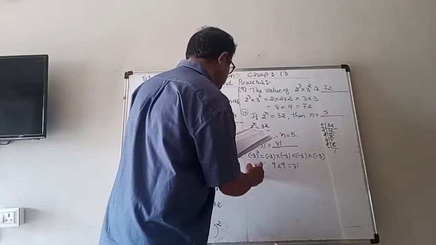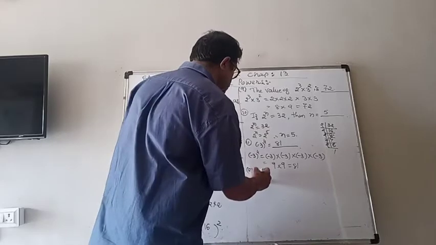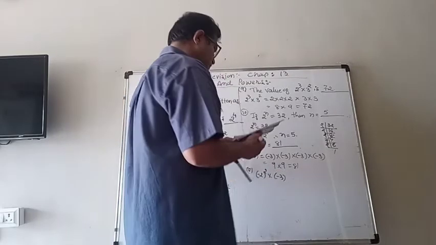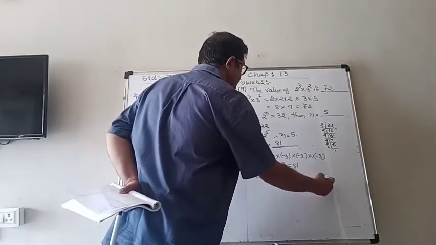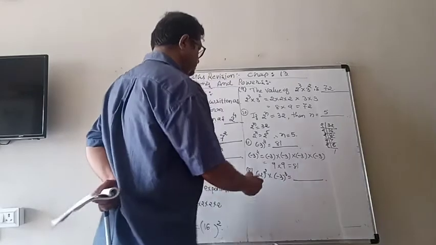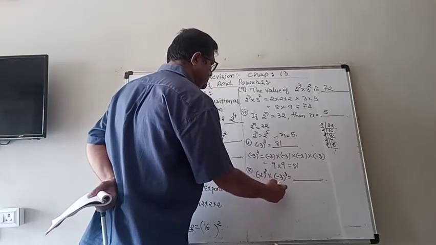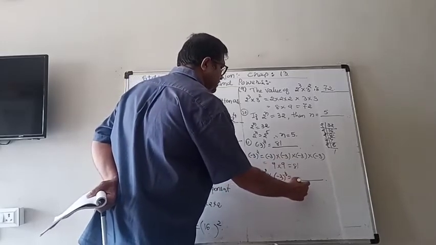Next 12. Minus 2 squared multiplied by minus 3 raised to 3. Now here minus 2 square means minus 2 multiplied by minus 2. Minus 3 cube means 3 times.